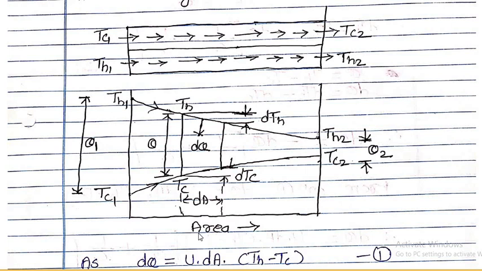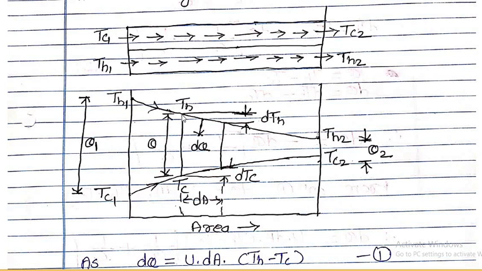The two curves show the change in temperature of hot fluid and cold fluid with respect to area. Now for the analysis purpose, we have considered a small area out of the total area. So dA amount of area we have considered, which will start from this point and end at this point for the cold fluid, and for the hot fluid it will start from this point and end at this point.